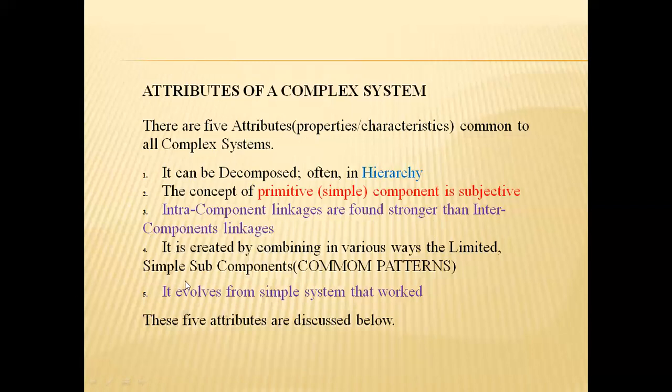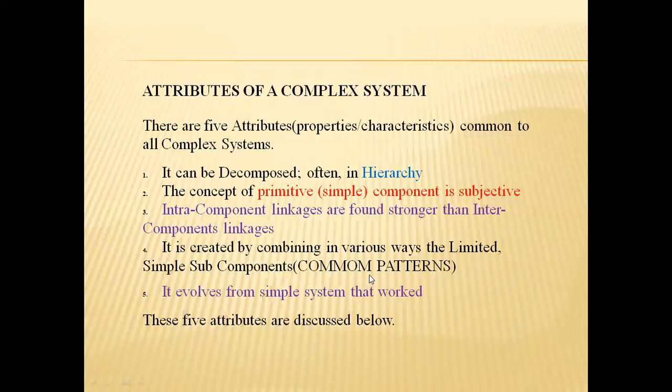Next one: a system is created by combining various ways of limited simple subcomponents. That is, in any system, when you find the subcomponents, they have some common patterns. We are identifying the components in the system, and the components have common patterns.